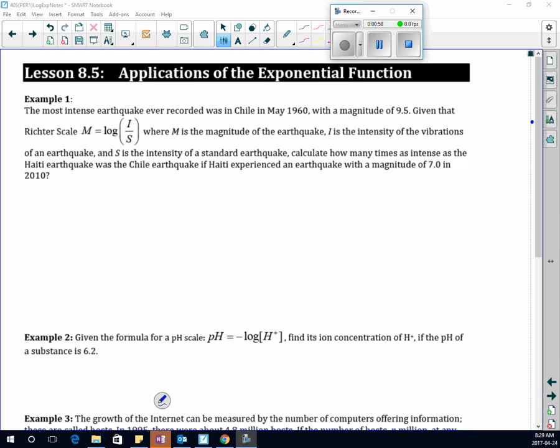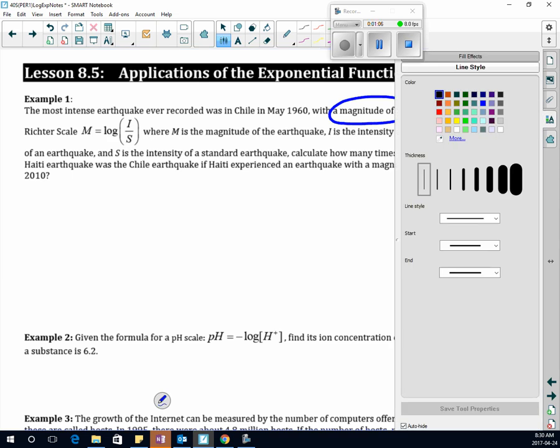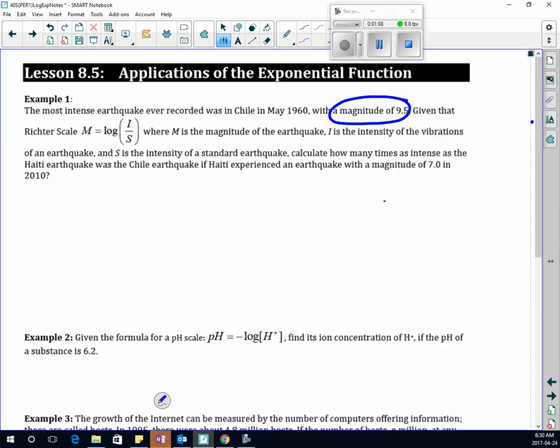Okay, so let's see what we know so far. All we know is we have a magnitude of 9.5 for the Chilean one, and a magnitude of 7.0 for the Haitian one. So let's write that out.